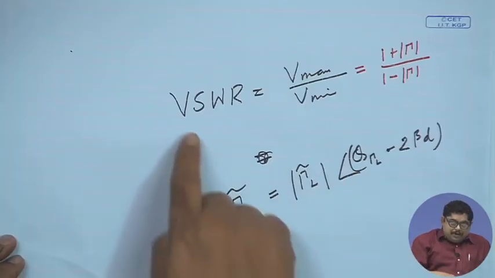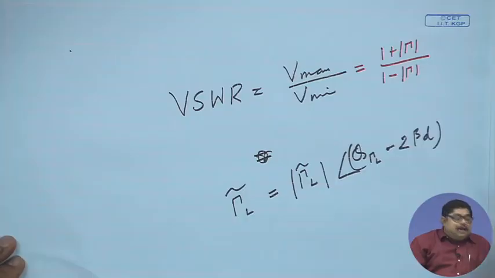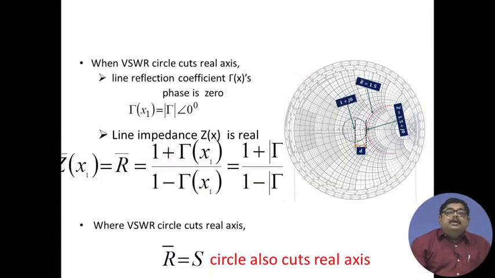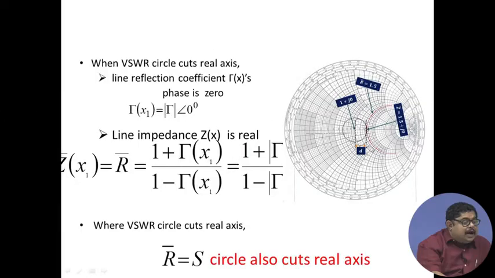Always this is the condition, VSWR is 1 plus gamma by 1 minus gamma. Now go back. So, you see R bar is actually nothing but S, the value of VSWR. So, at the point where this constant VSWR circle cuts the real axis, basically that VSWR value equals the resistance value.